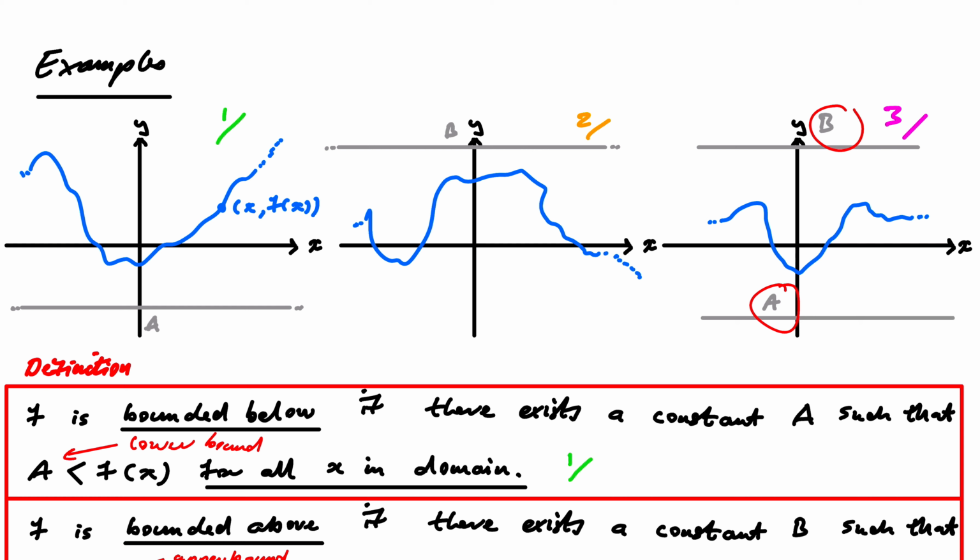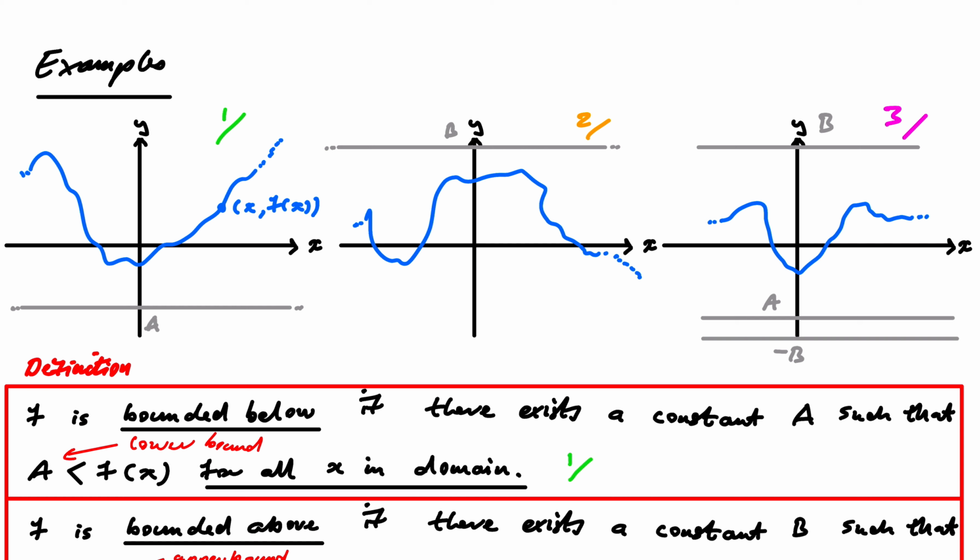Well, if I was to take minus b, I think b is further away from 0 than a, so minus b would be down here, just in the way I've drawn the picture. So if you're bounded below by a, you're certainly bounded below by minus b, and then b would do the job that you're looking for.